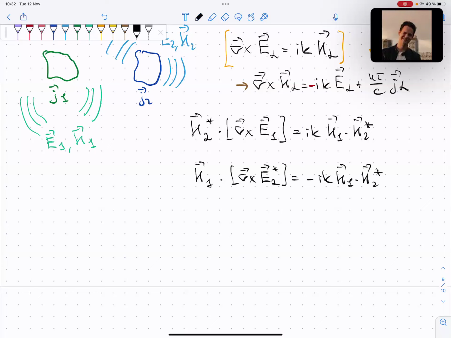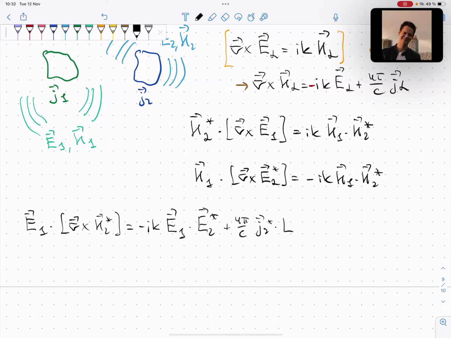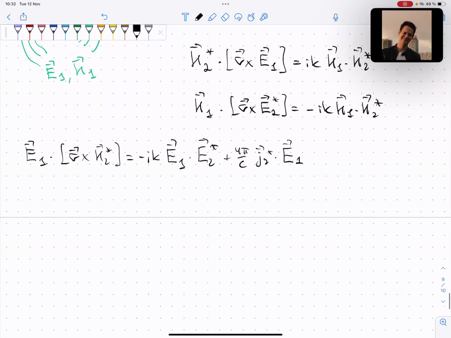So in the end, we have two more equations. We have E1 multiplied by curl of H2 conjugated equals minus ik E1 E2 conjugated plus 4 pi over c J2 conjugated multiplied by E1, and we have E2 conjugated multiplied by curl of H1 equals this.